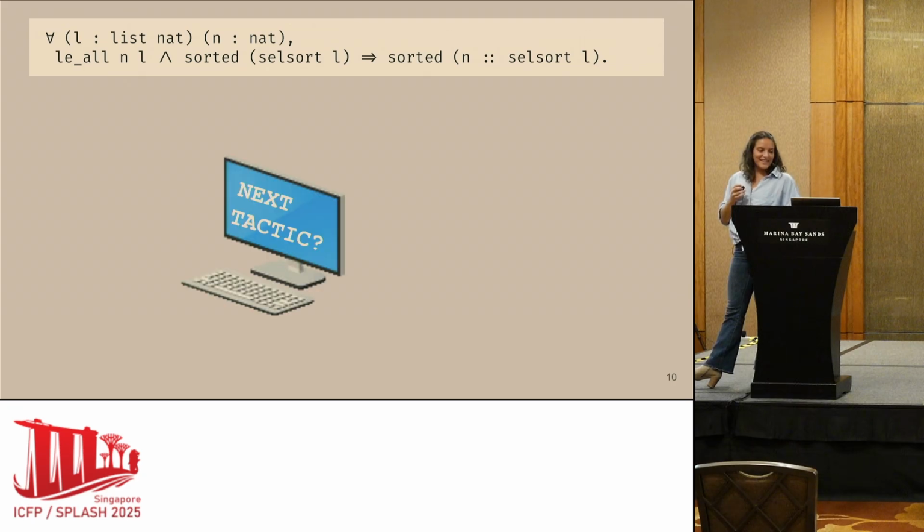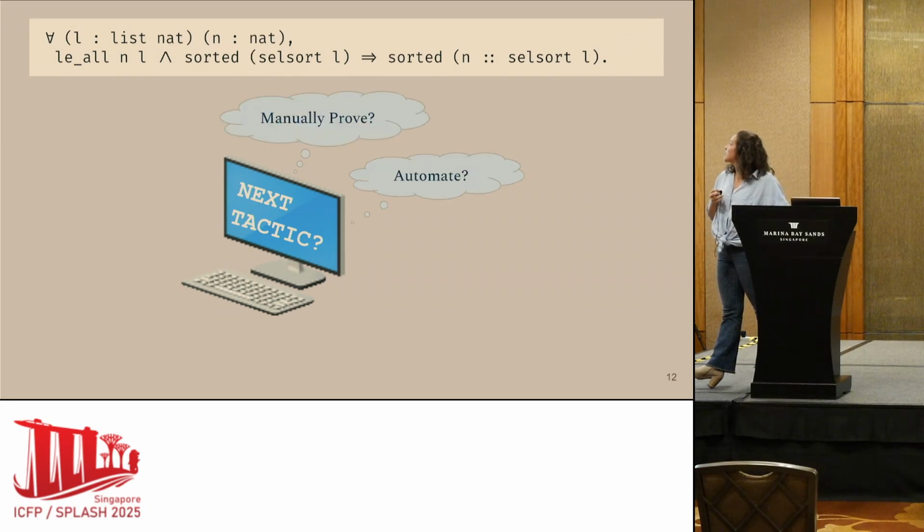Okay. So when you're using an interactive theorem prover, you do it tactic by tactic. And whether you're doing it manually or you're using some kind of automated tool, it's doing a next tactic prediction. And often these tools, or you yourself as the prover, have access to prior context. And specifically, we're talking about lemmas.